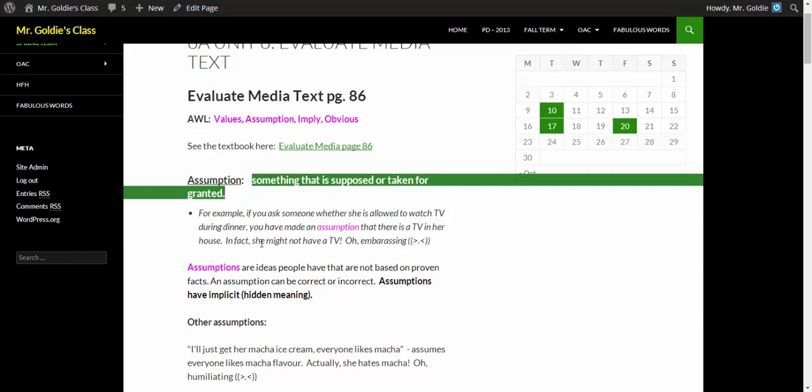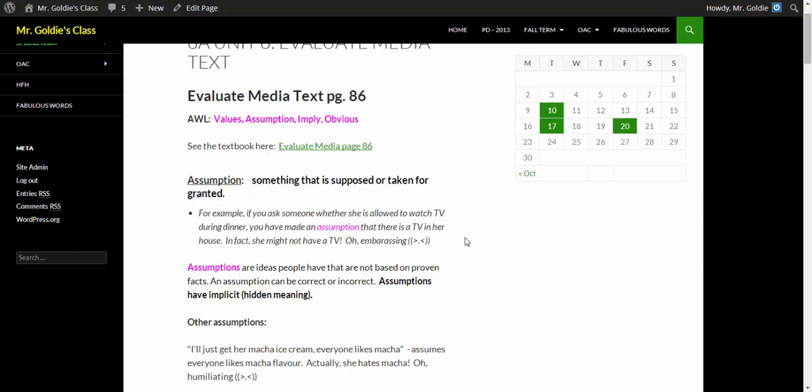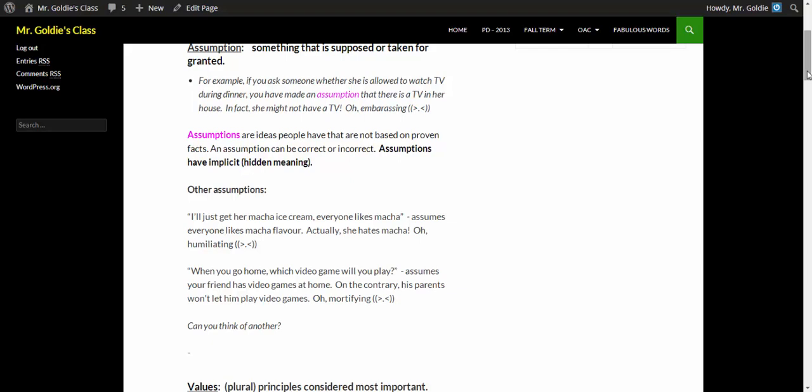In fact, she might not have a TV. Oh, that's embarrassing. So, if you ask somebody, I'm allowed to watch TV while I eat dinner, are you? You assume that that person has a TV in their house, or has a TV in their kitchen, or even has a TV. So that's an assumption.